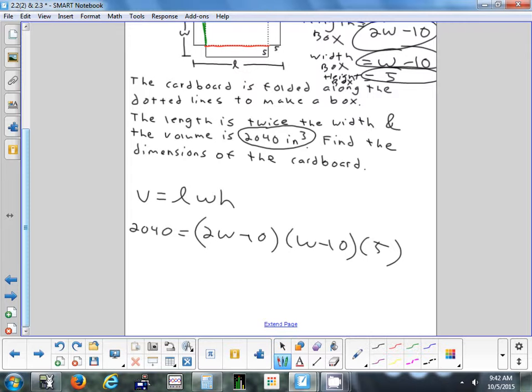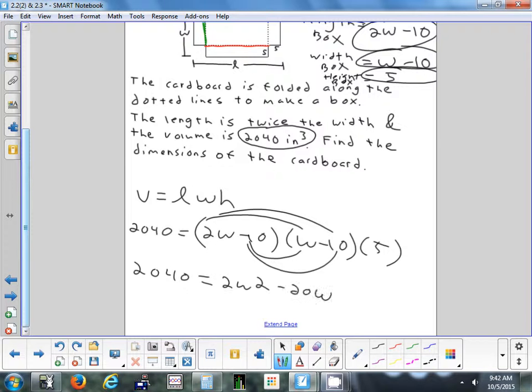Right. What I'm going to do to plug this in, I'm going to distribute it out, so that I can plug it in, I'll use the calculator to solve it. Okay, so you get 2040 equals, that's 2w squared. Let's see, minus 20w minus 10w.